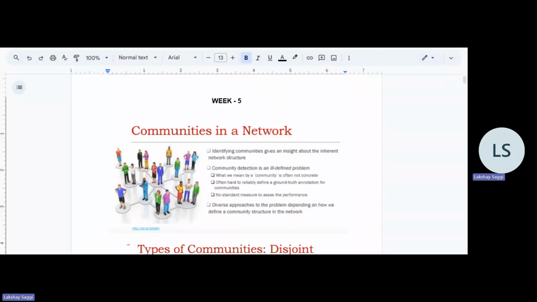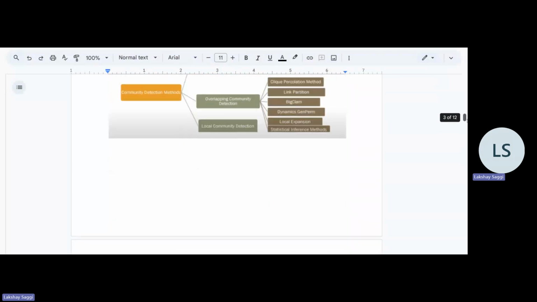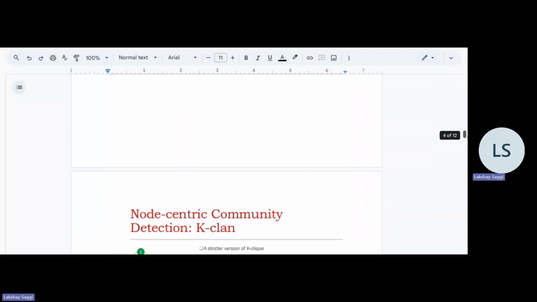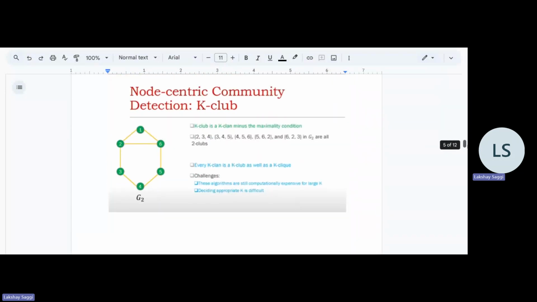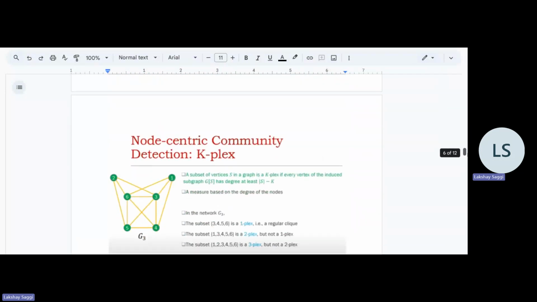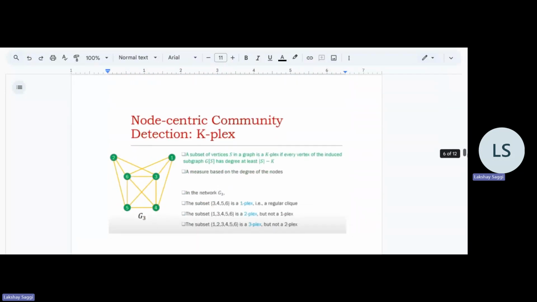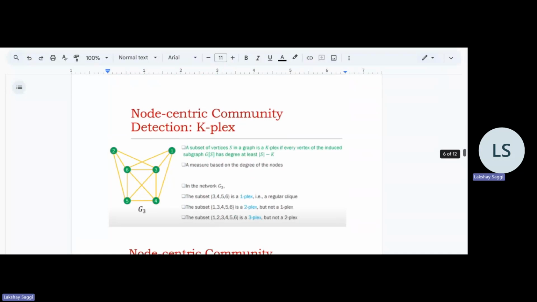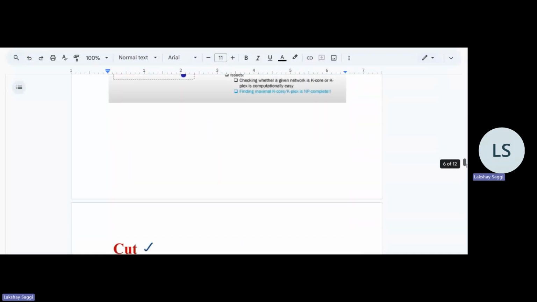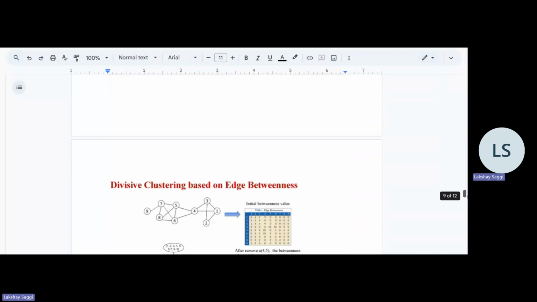This week we discuss what are communities, and different kinds of things. Most of the three lectures were again based on community detection. As has become the norm in this course, we have a bunch of definitions which we'll have to first go through.